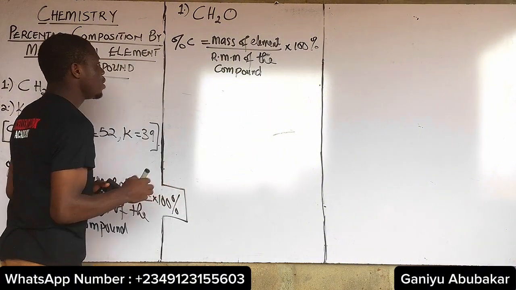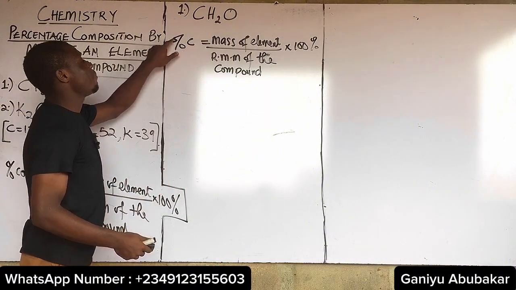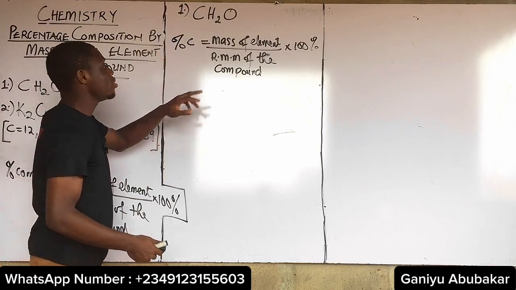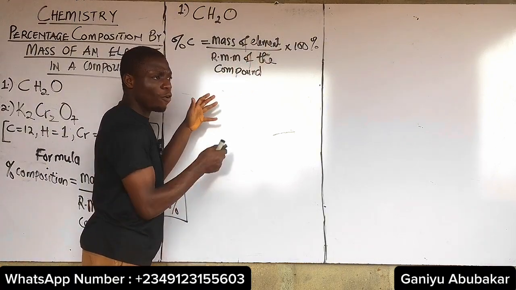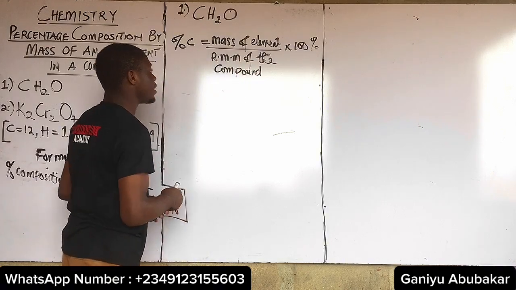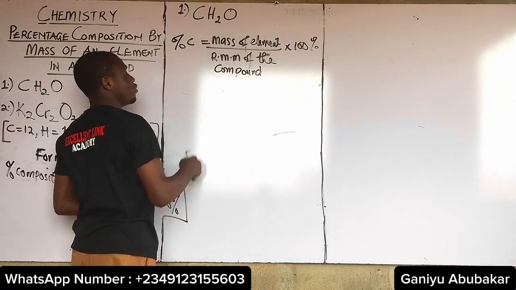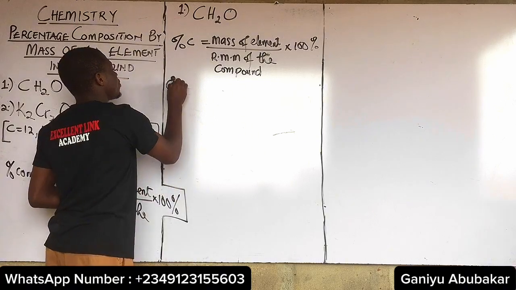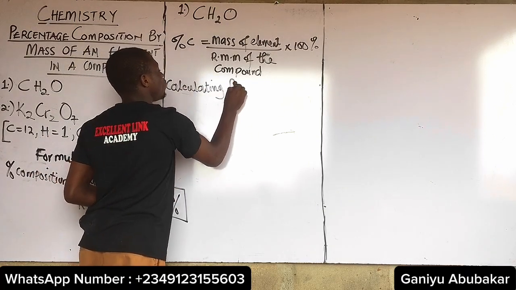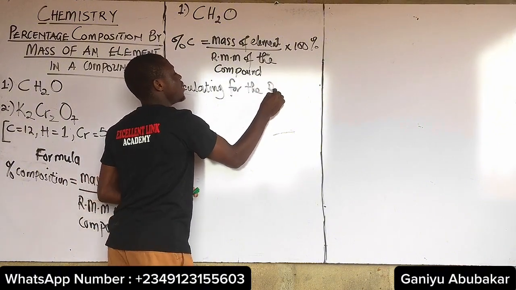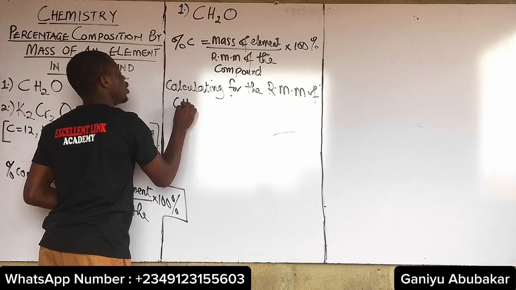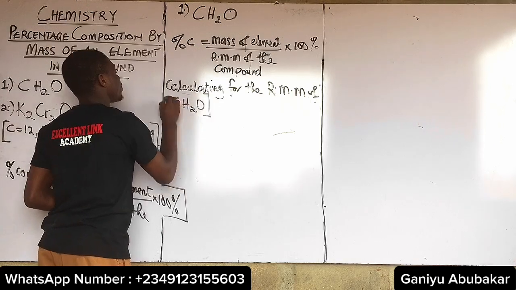So what's the idea? For me to calculate the percentage composition of each of them, I need to know two things: the mass of the element I'm looking for, and the relative molecular mass of the compound. So my first task is to calculate the relative molecular mass of CH2O.